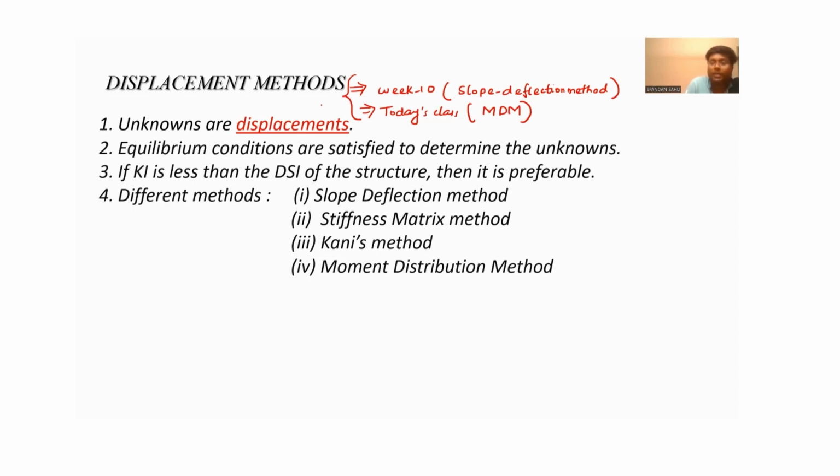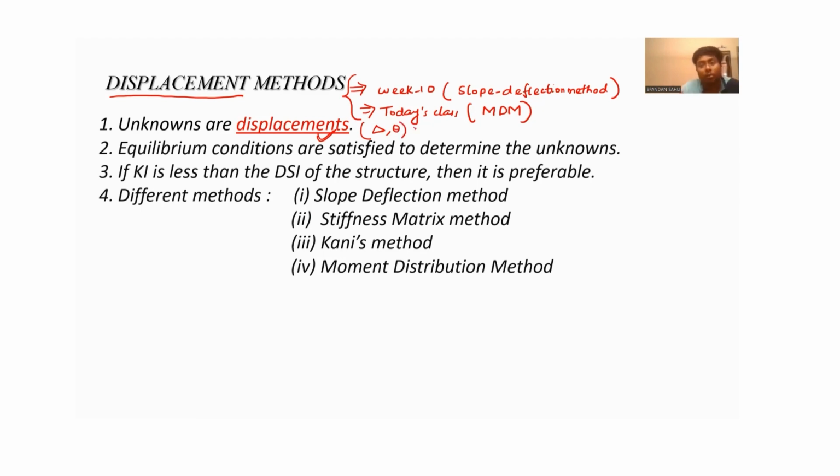So I have said it many times, as the name suggests which method is coming. If that is force method, then the unknowns will be forces. Forces does not mean only force, it can be movement also. And when displacement method, if the name suggests displacement, then what will be the unknowns? The unknowns will be displacements. So displacement can be translational or rotational in nature.